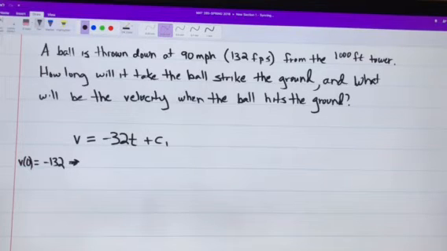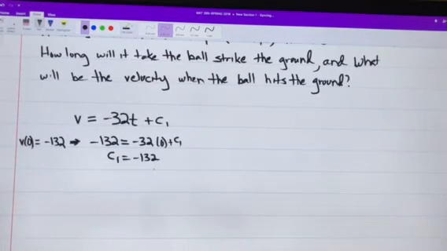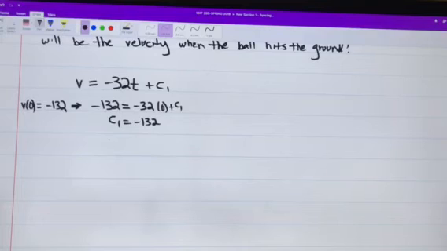Just looking at throwing the ball downward, you have minus 132 is equal to negative 32 times 0 plus c1, and so c1 is equal to negative 132. So the velocity is negative 32t minus 132.